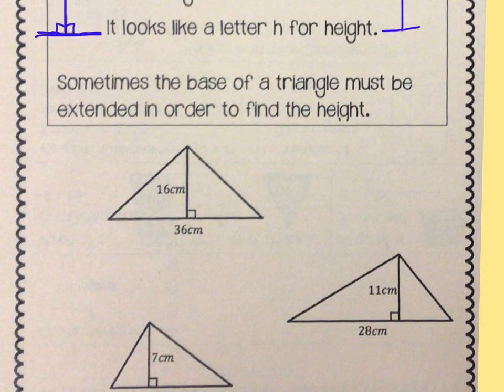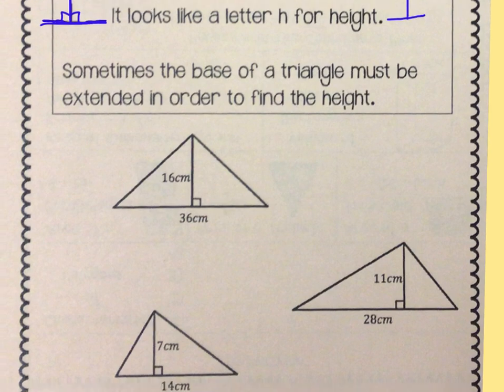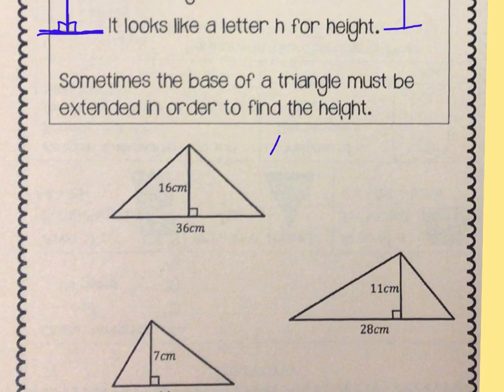Okay, so we are going to practice using the formula to find the area of these triangles. You guys know my steps. I've already talked about this in my classes, that you must show the formula that you are going to use. So I know I'm using a triangle here, so I know that I am going to be using area equals base times height divided by 2.